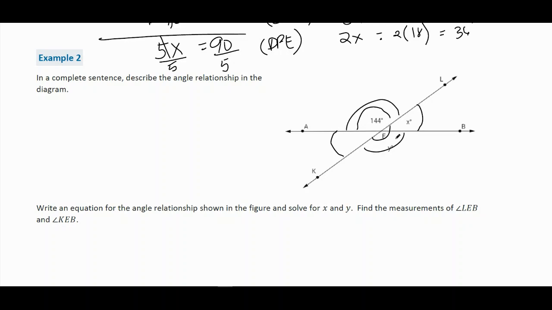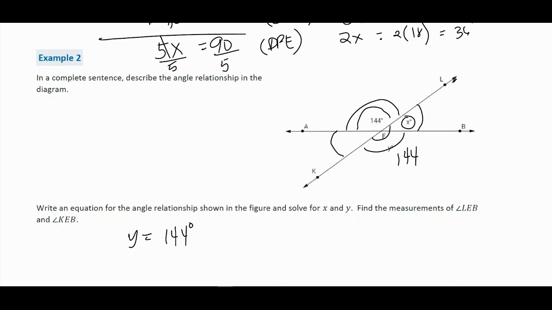So as you can see, it's like a cross, right? They were able to cross each other. Therefore, that is going to be vertical angles. They are vertical to each other. So therefore, this y here is going to be 144. Now, how do we solve for this x here?